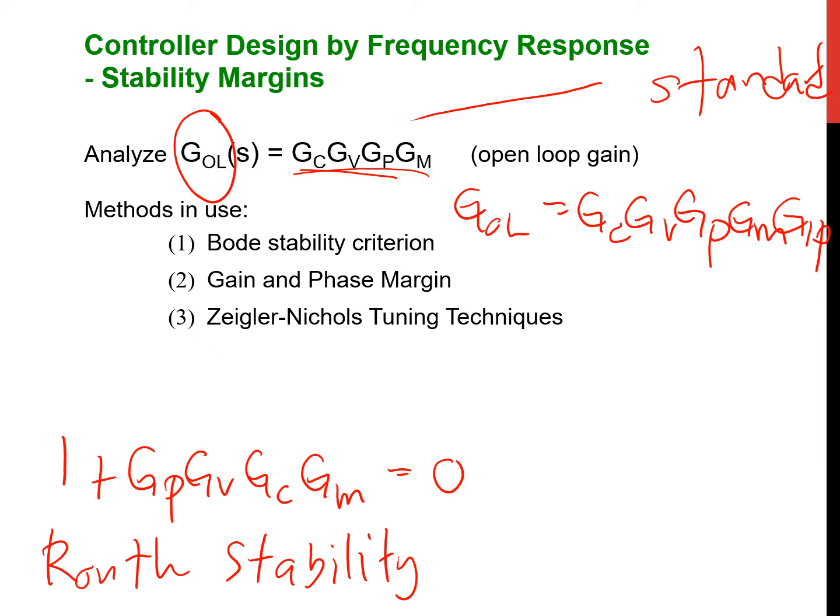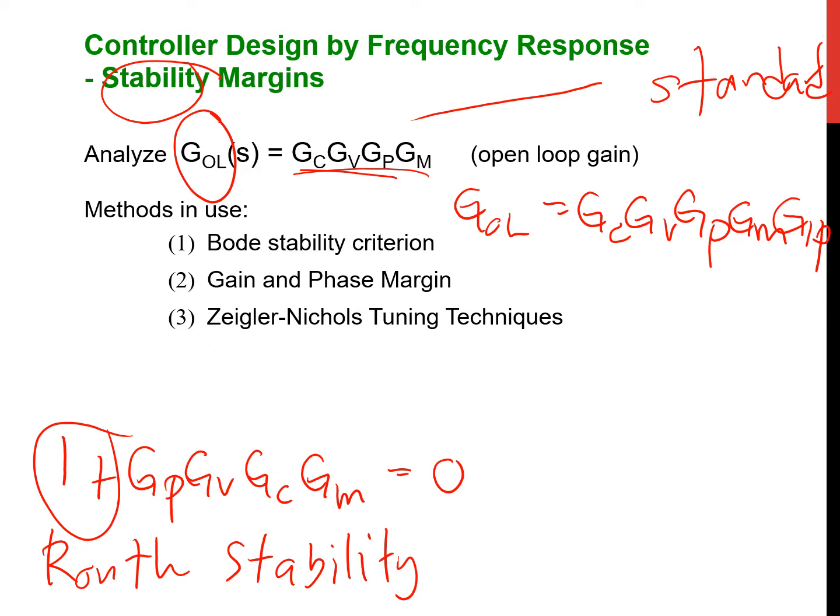Why do we need to include the GIP? Because here we want to know the stability of the closed loop. However, by using the frequency response, it is called the GOL only because you don't have 1 plus. In this case, you have 1 plus, so that means one closed loop. In the frequency response, we still have the loop, but without the close. So the loop is not connected, but still we consider the transfer function.